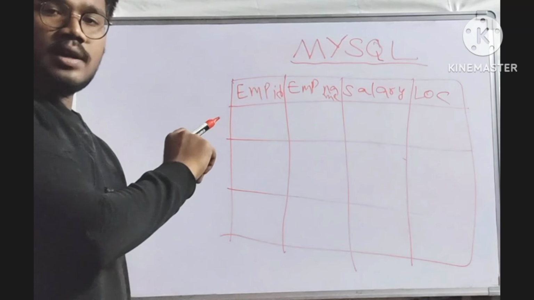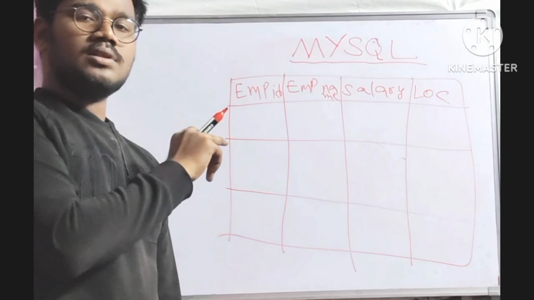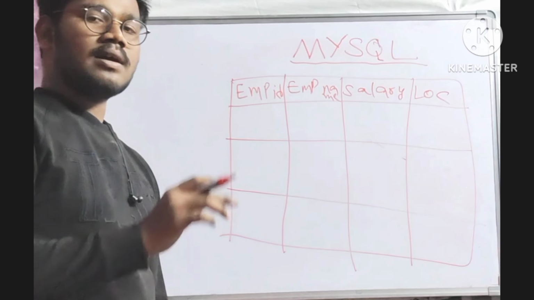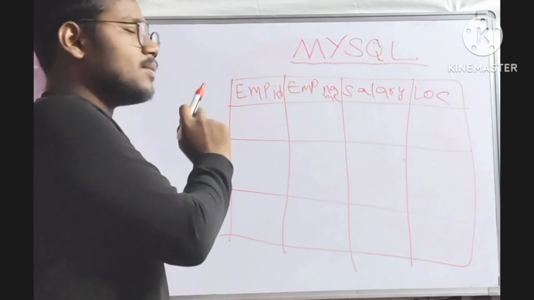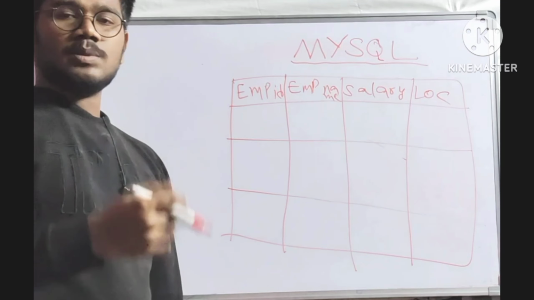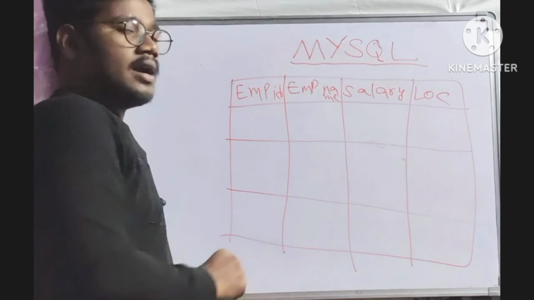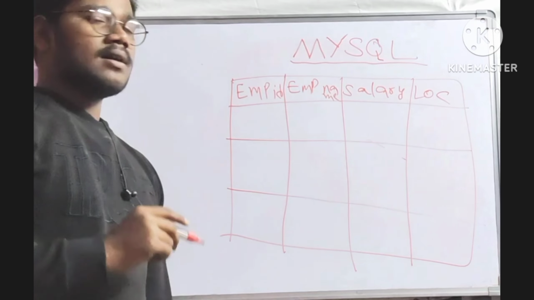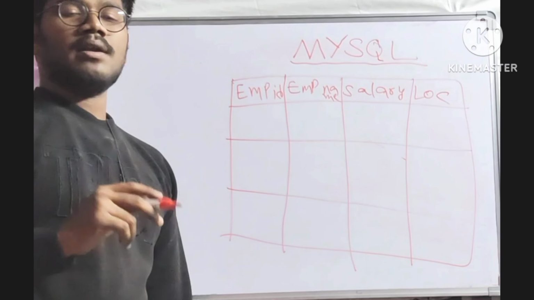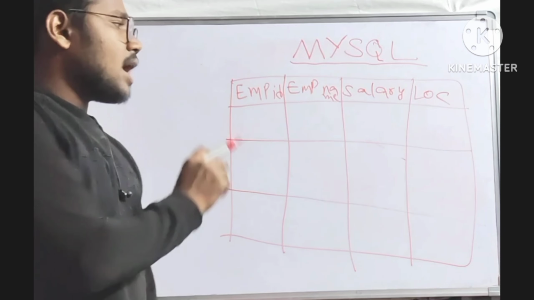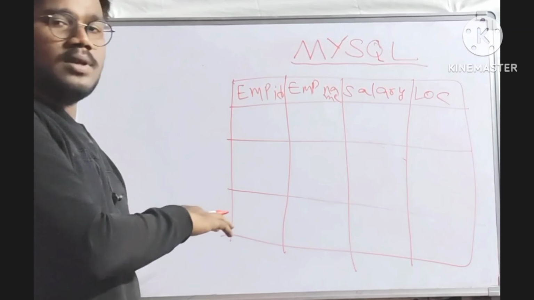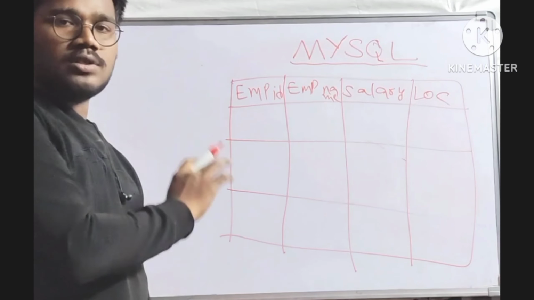So we can create this table using the create command, like create table and the table name. The table name is employee. In that we can specify the columns and the column names. And the second command is the alter command, which is used to add a column or delete a column from the existing table. Suppose we have this table.